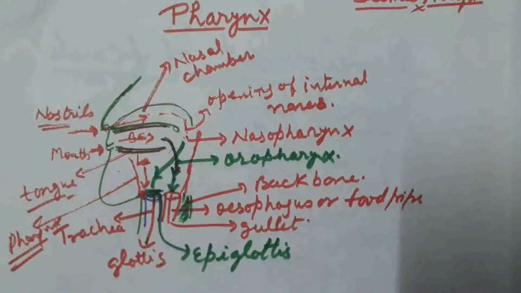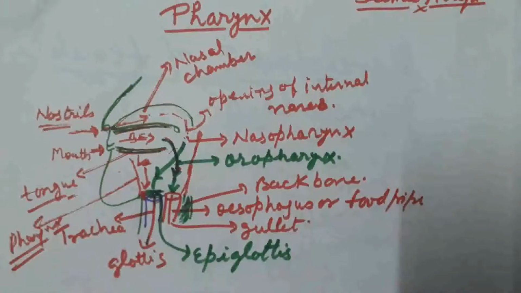So eustachian canal also opens into the pharynx region, one on the right side and the other on the left side, because ears are present one on the right side and one on the left side. So eustachian canals from both right and left side open or remain connected with the buccal cavity. So opening of eustachian canal or eustachian tube takes place into the nasopharynx region.